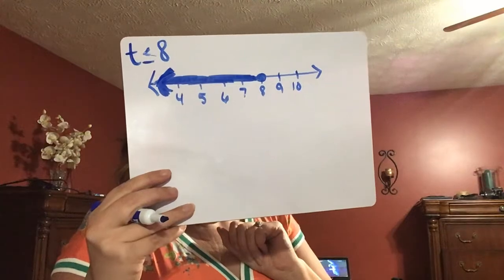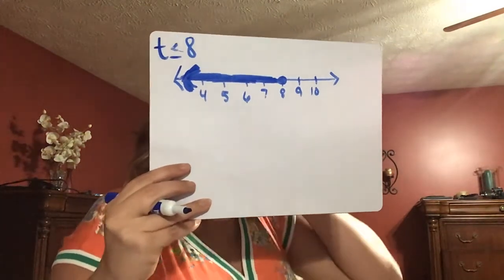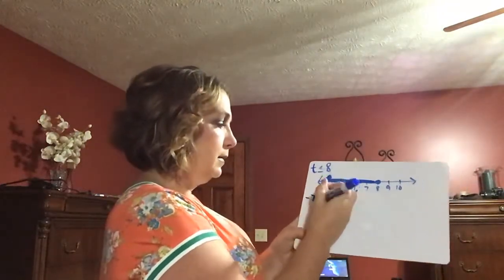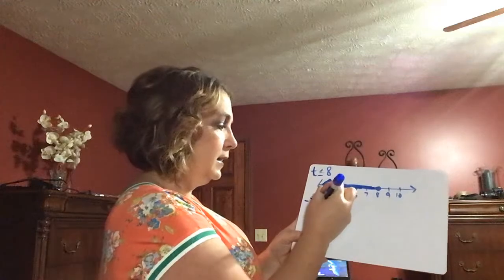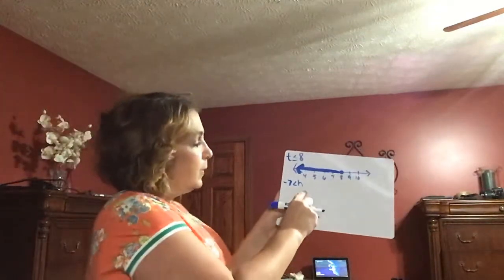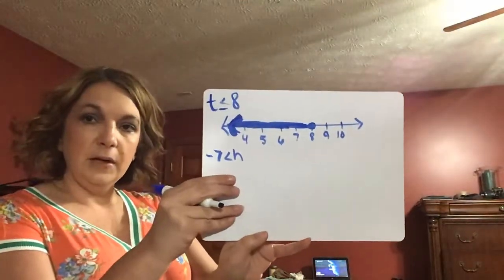Let's look at negative 7 is less than h. Now I want to look at this one because here's the problem: our number is in front of our variable.